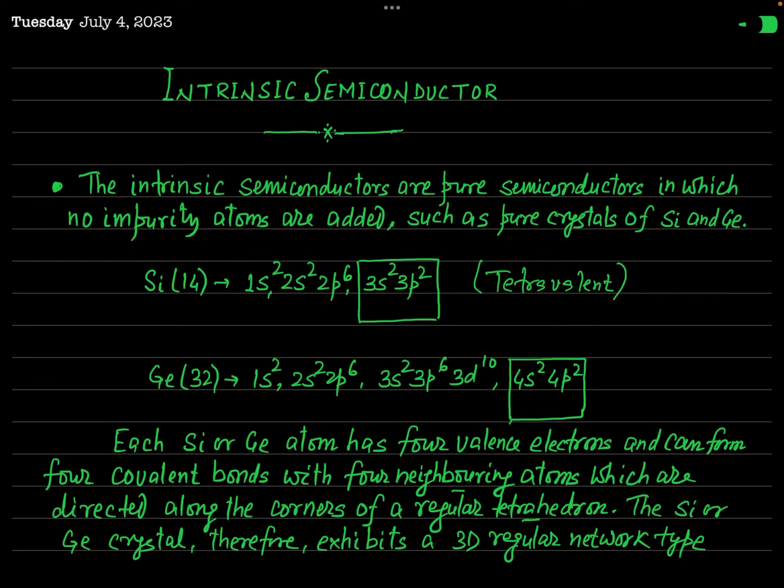And in that introductory lecture, I have told you that basically semiconductors are of two types, and those are intrinsic or pure semiconductor, and another is extrinsic or impure, or you can say doped semiconductor.